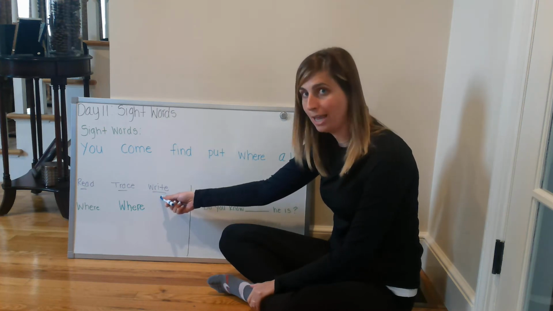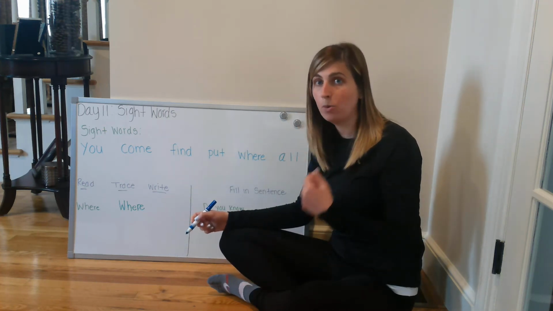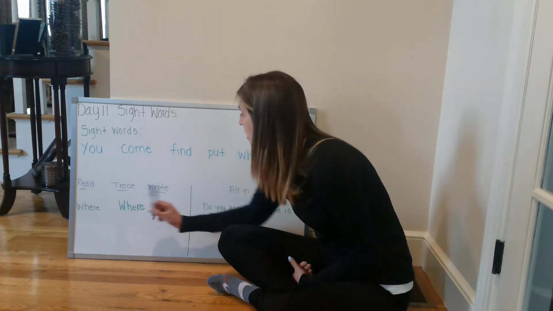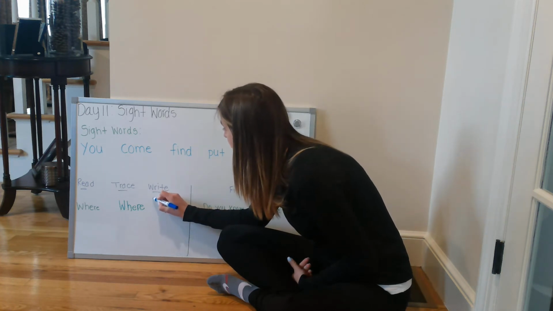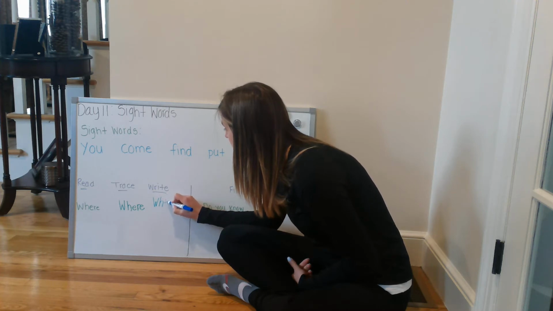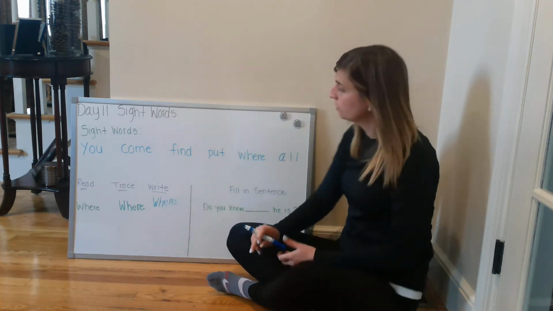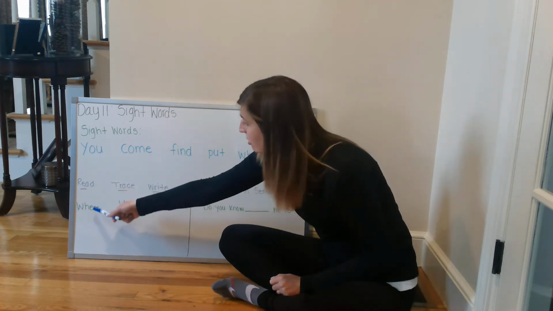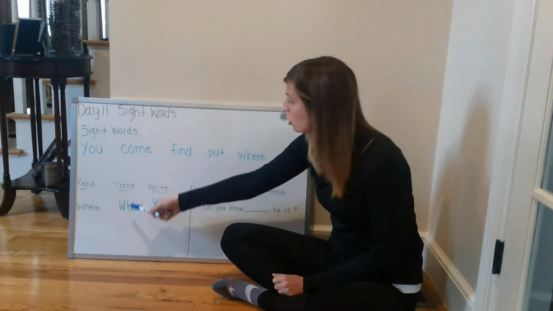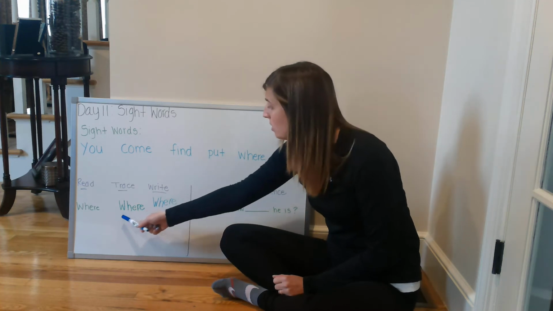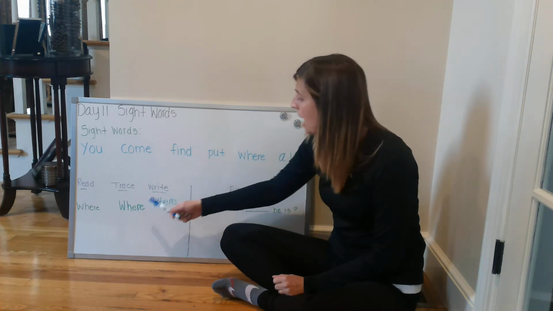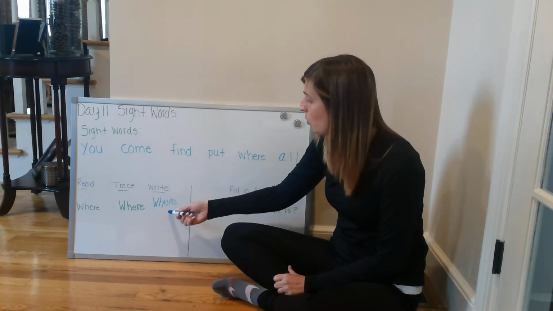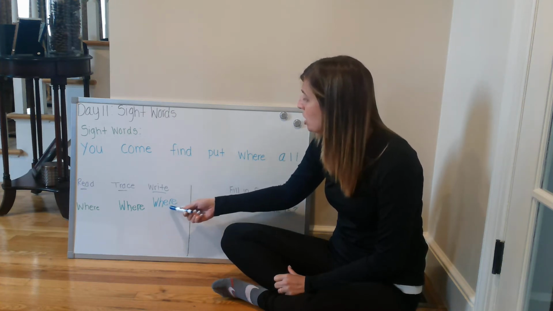Now, under the write category, I'm going to write the sight word on my own. Where. Here I go, trying it on my own. W, H, E, R, E. There we go. I read the sight word where. I traced the sight word where, W, H, E, R, E. And then I wrote the sight word where on my own, W, H, E, R, E.